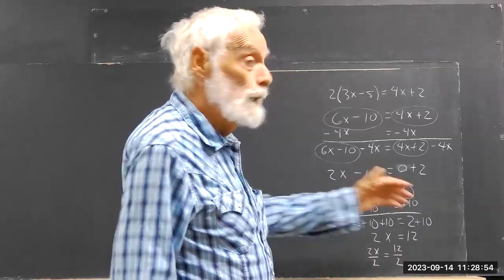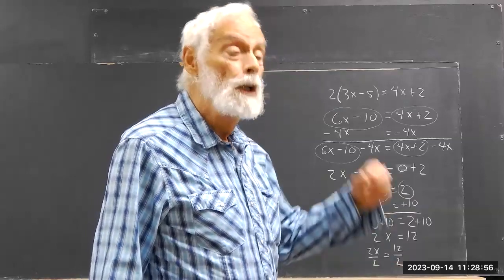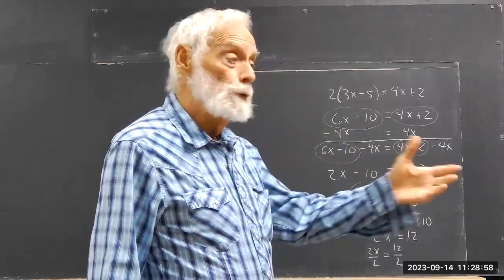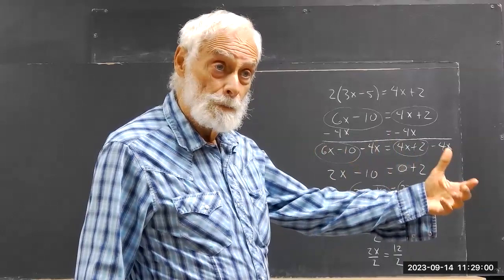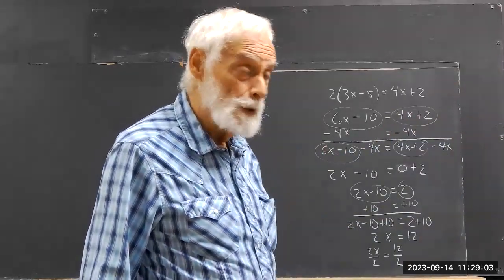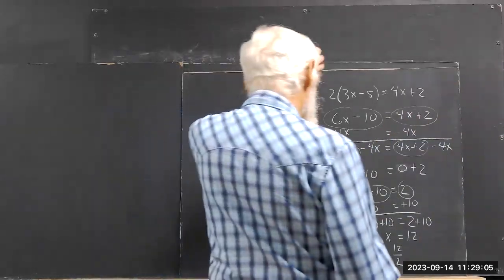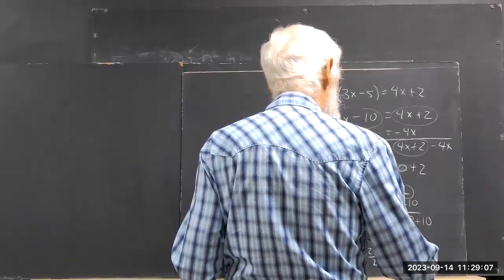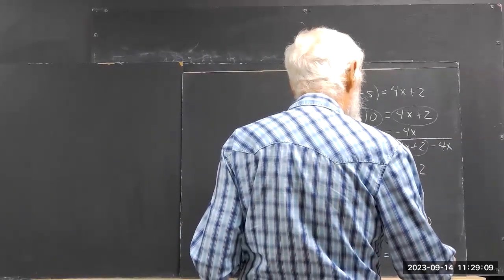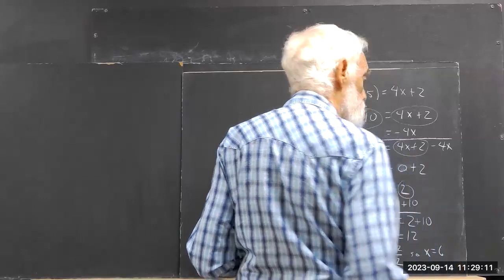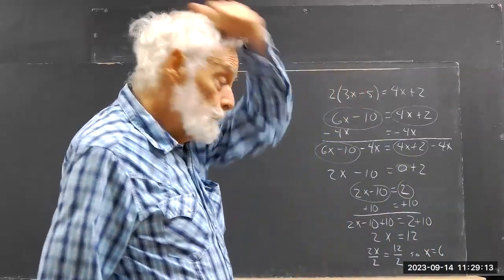If it was 2 plus x, you wouldn't be able to do that, because 2 is not multiplied by the rest of the numerator. You have a plus x. There's no multiplication involved. I'll do an example of that. Anyhow, so x equals 6.